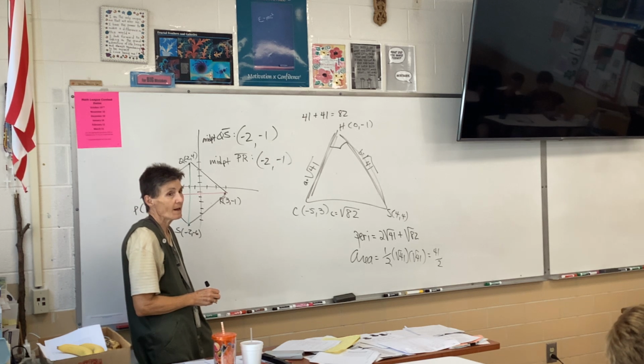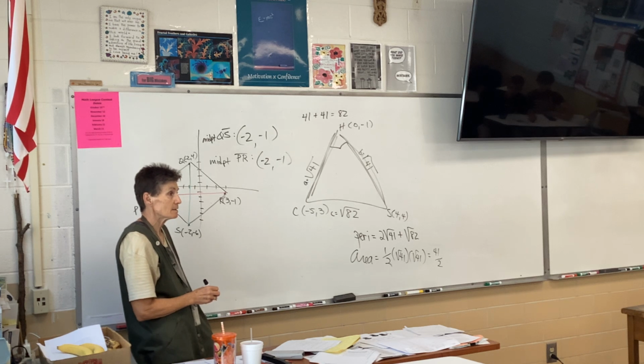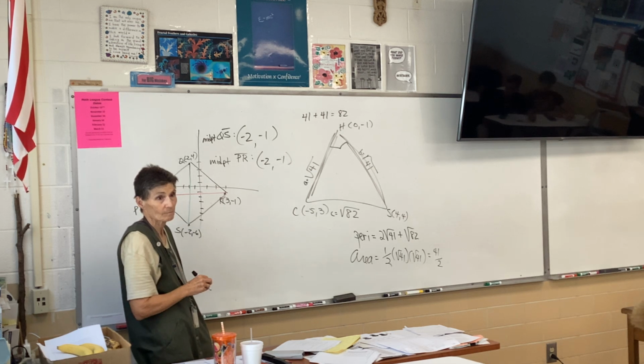If they have the same midpoint, does it make sense to you that they bisect each other? What kind of quadrilateral has diagonals that bisect? Doesn't have to have right angles. It can be like a rectangle or a square, though, right?